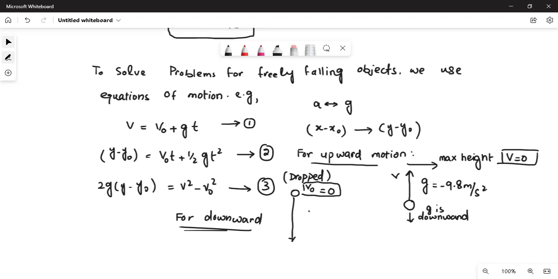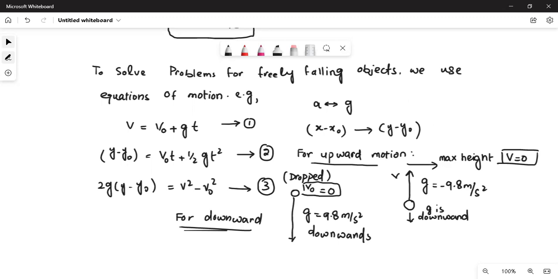If it is said we throw it, then that is a different thing. Now its gravity is positive 9.8 meter per square second, going downward. So gravity is always downwards, but its value is positive going downward and negative going upward. We will substitute these values when we solve. This is the only change in the equations that we need.